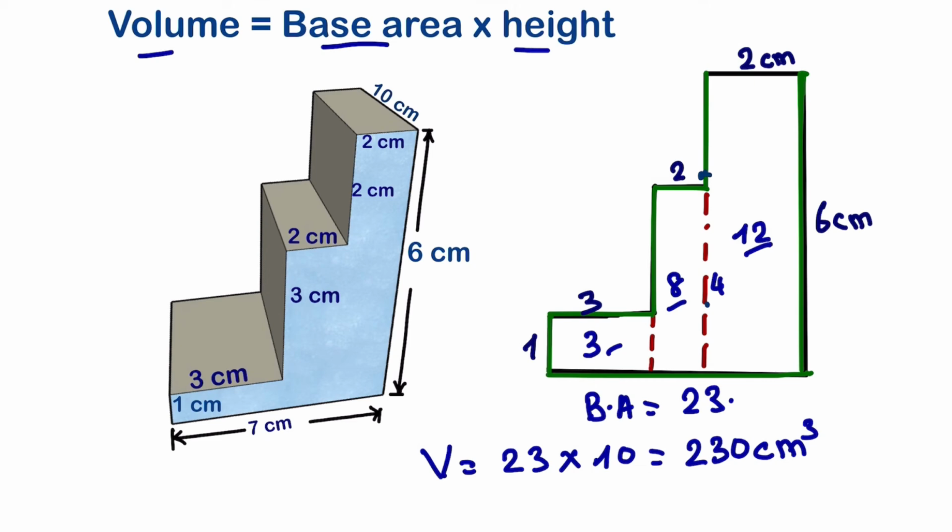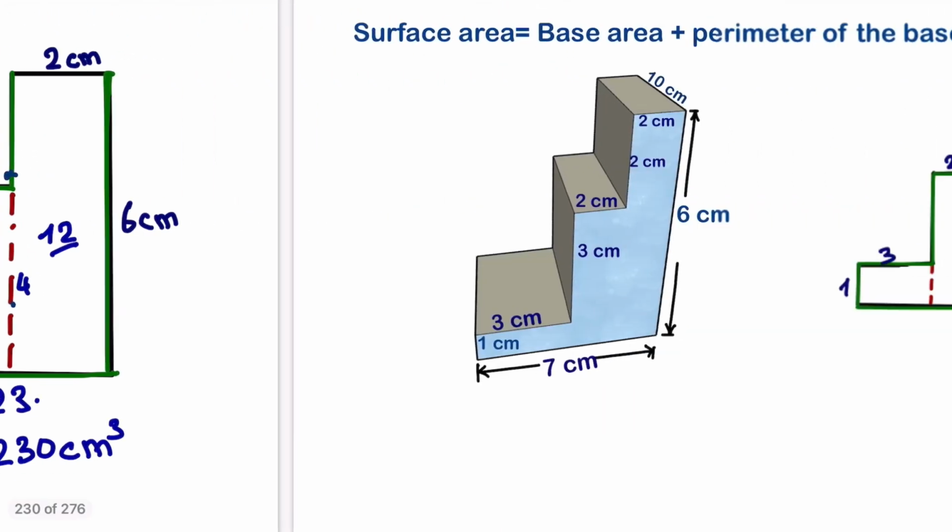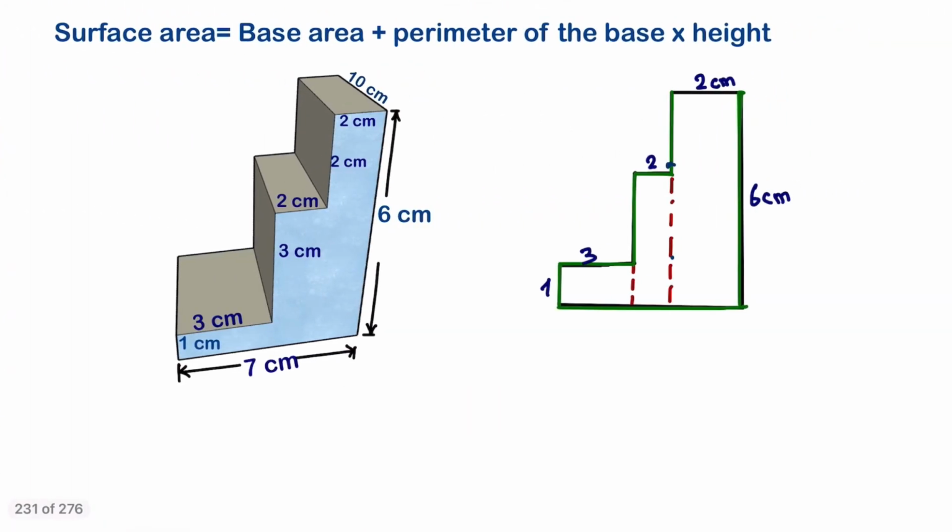So let us continue with the surface area. For the surface area, we can use this formula: 2 times the base area, since there are 2 bases, plus the perimeter of the base times the height of the prism.